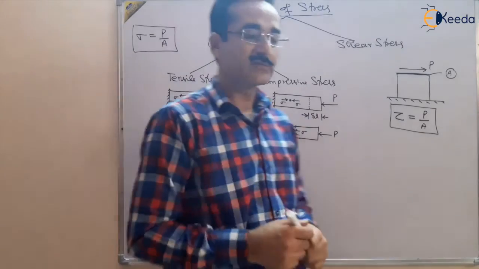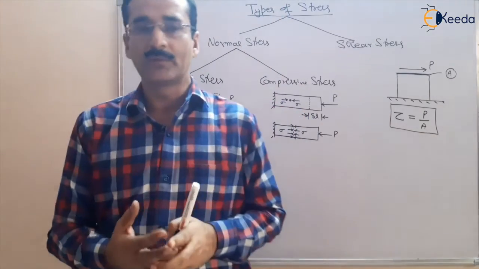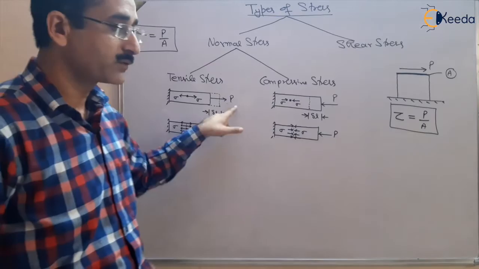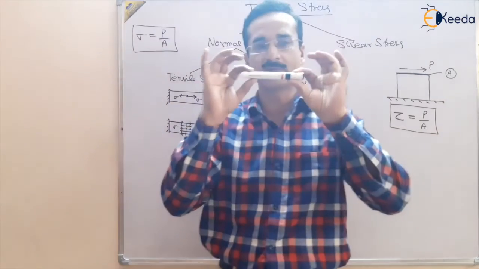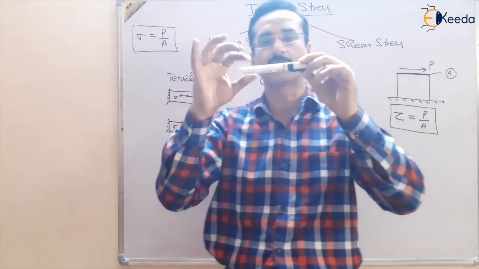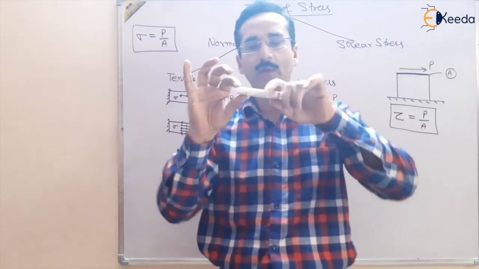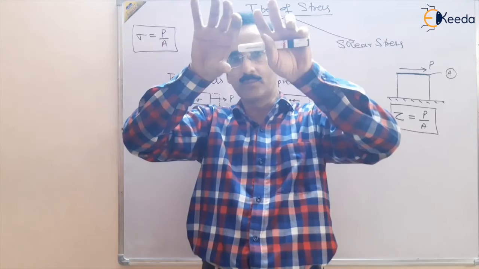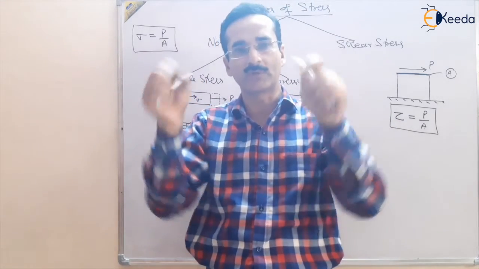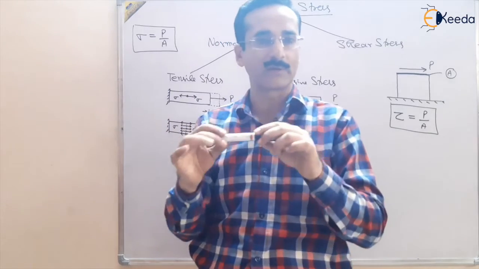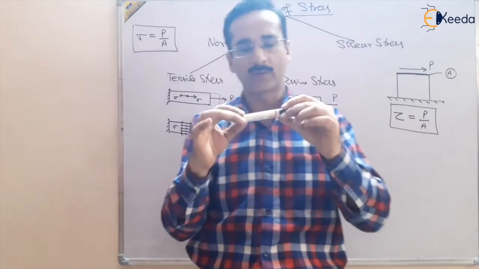tensile stress and compressive stress can be developed by directly applying forces or by bending a beam. Suppose this is a flexible beam, and we apply a bending moment to it. There may be two types of bending moments, hogging and sagging, which we will study later.